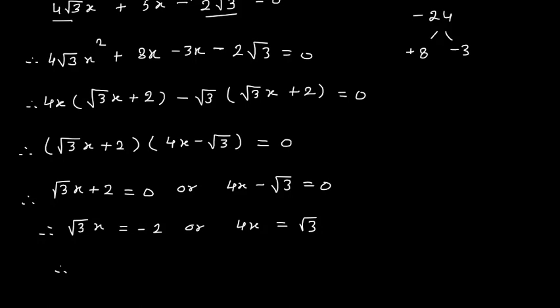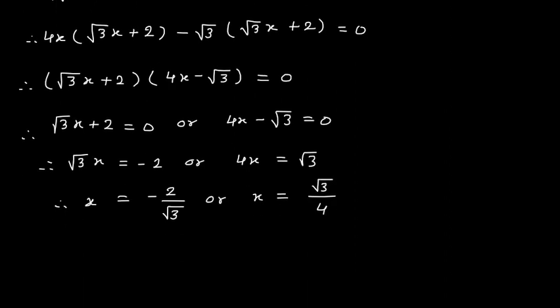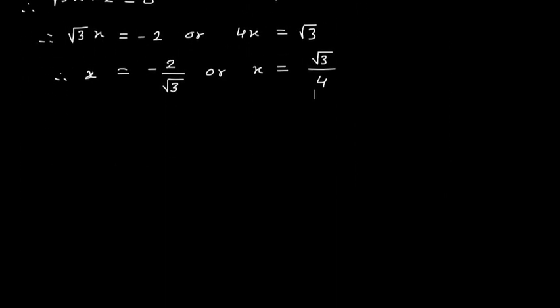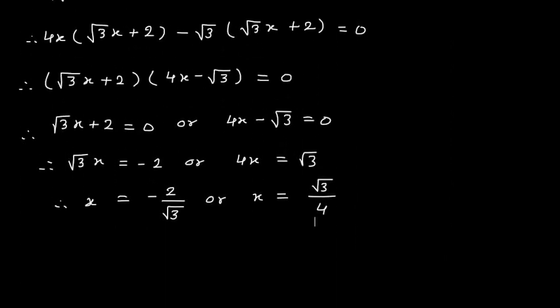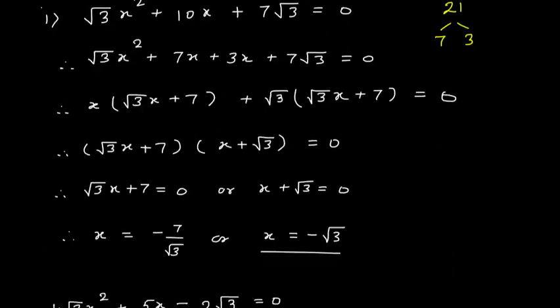So therefore x is equal to minus 2 upon root 3, or x is equal to root 3 upon 4. So we get the value of x as minus 2 upon root 3, or root 3 upon 4. This is our 10th problem.